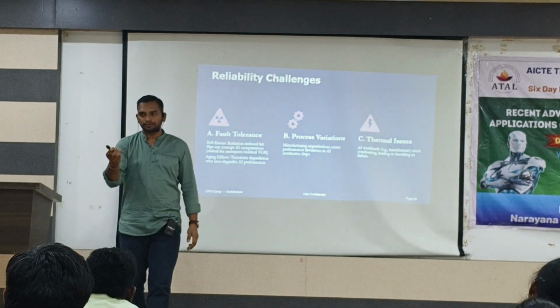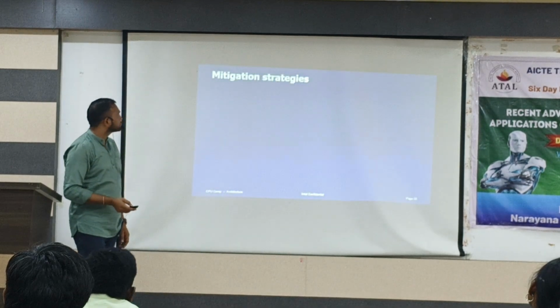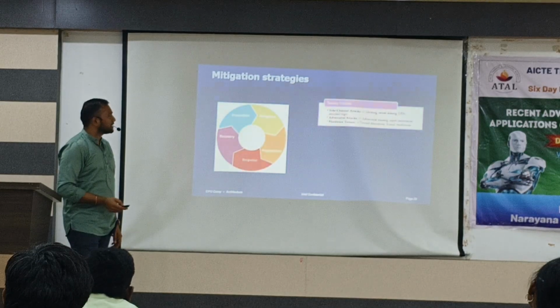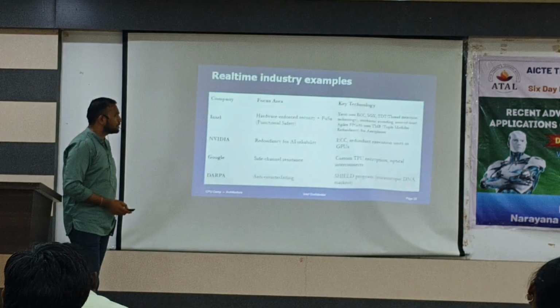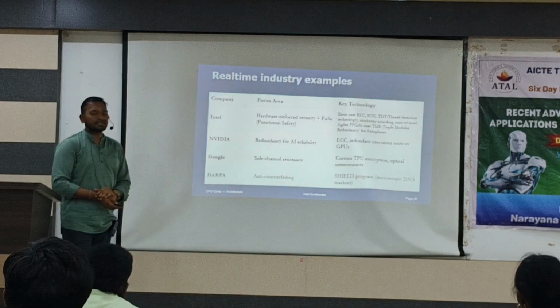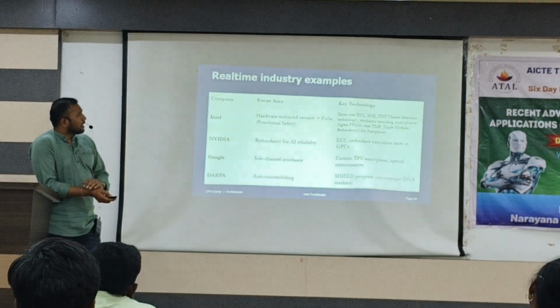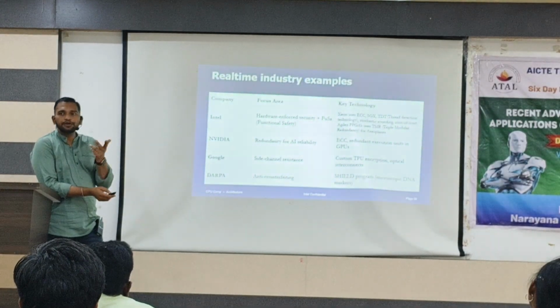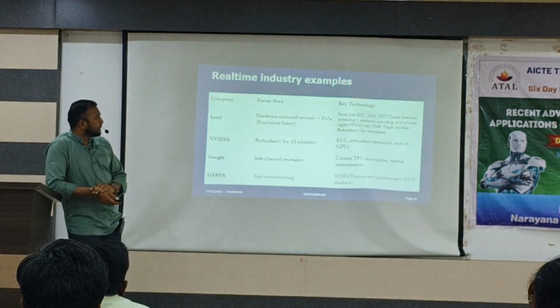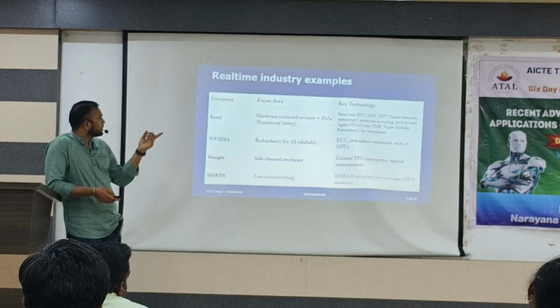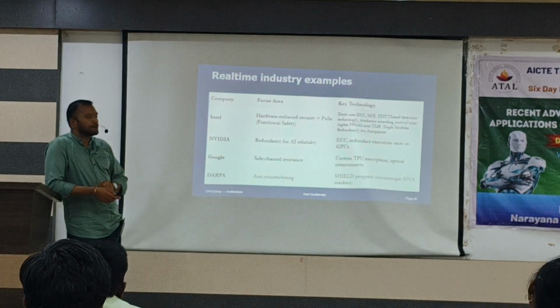So, the thermal issues we were discussing. What are the mitigation strategies? We talked about all of these. Now, real-time industry examples of how they are dealing with security and reliability issues. Intel, being a leader in the processor domain, uses hardware-enforced security.